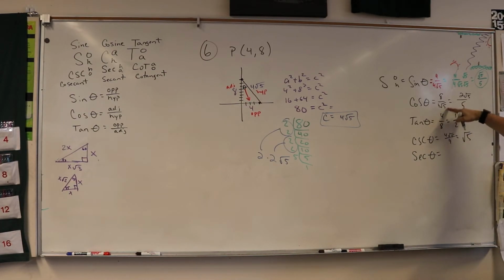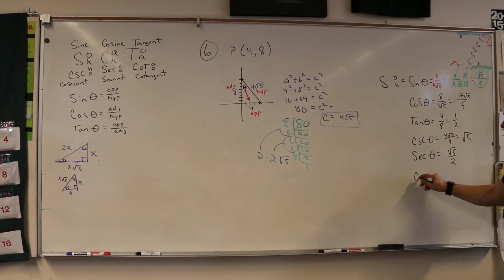So now we're going to have the square root of 5 over 2, right? Just this flipped. Cool? Alright? And then cotangent of theta equals 2 over 1. Very good. So it's just 2. And there it is. 6 trig functions.